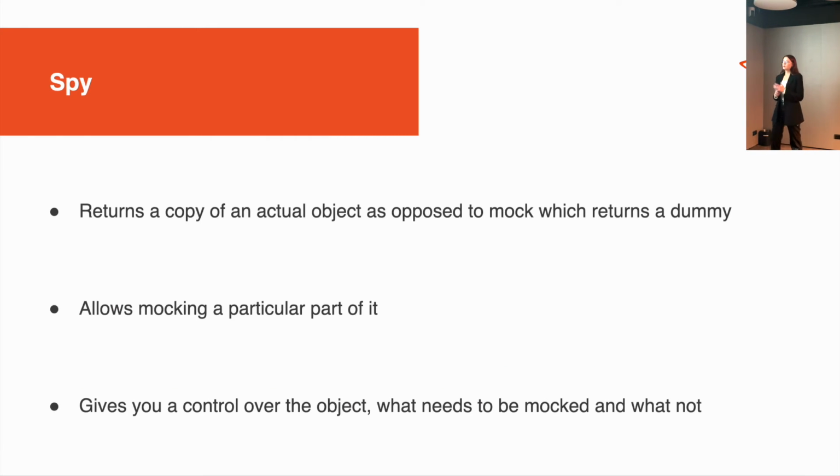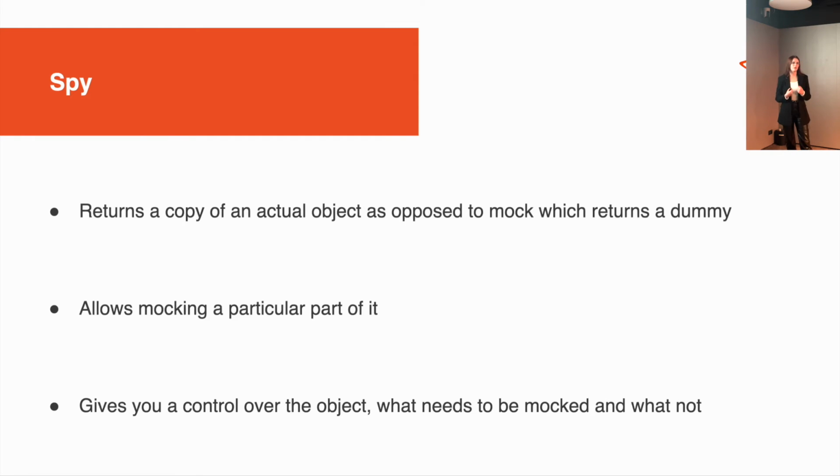Now another term, which is really common, is a spy. This looks weird, but okay. A spy returns a copy of an actual object, as opposed to a mock, which returns a dummy. So it's something similar to a mock, but when we ask for something from it, we will get the real result.